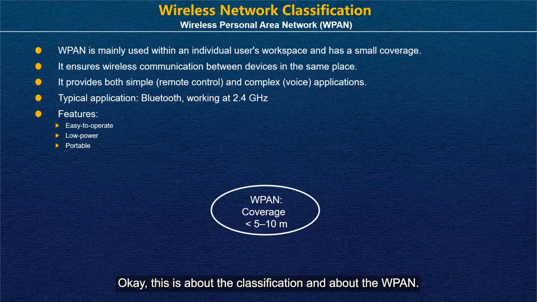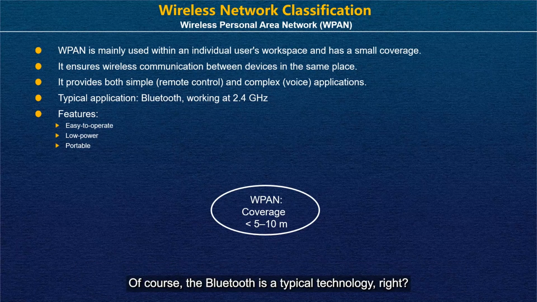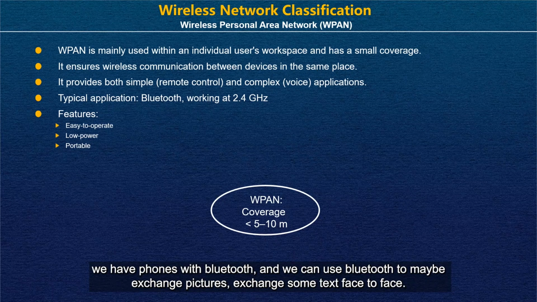And about the WPAN, let's see it. WPAN is mainly used within an individual user's workspace and has a small coverage. Of course, Bluetooth is a typical technology, right? And you can think about the application scenarios of Bluetooth. For example, we have Bluetooth earphones, and we can use Bluetooth to maybe exchange pictures, exchange some text face-to-face, right?